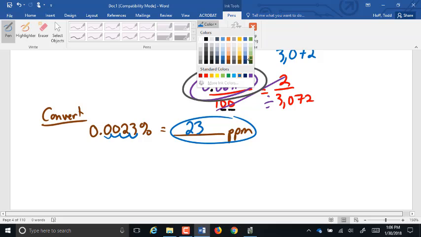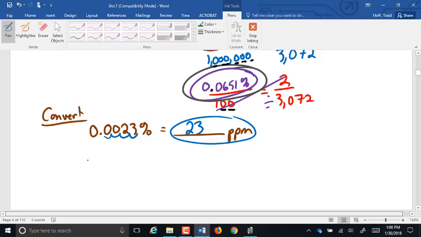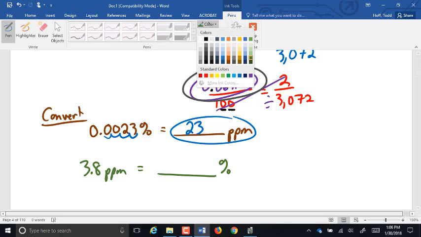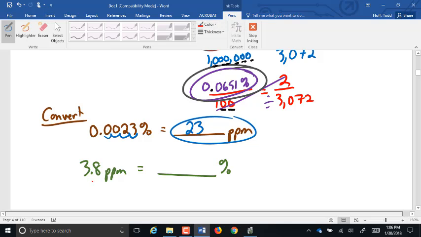Or the other side of that, if I have, let's say 3.8 parts per million, what percent is that going to be? Got to move it 4 spots, add those zeros in there. It's 0.0038%. Any questions?